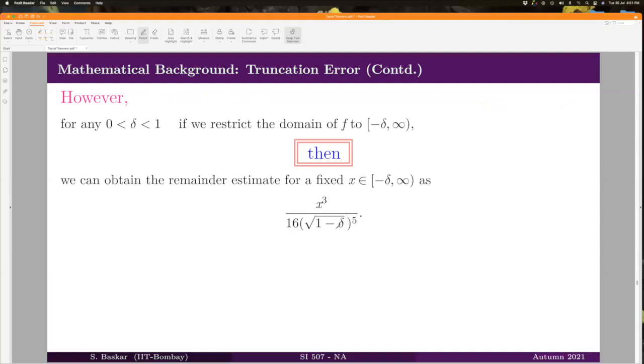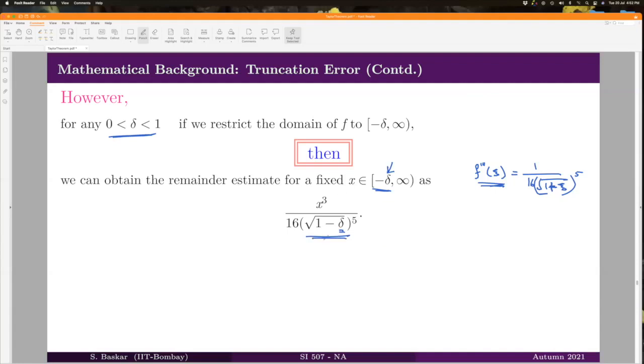That bound will be basically replacing xi by delta, because f triple dash of xi is, if you recall, 1 by 16 into root 1 plus xi to the power of 5, right? And this is a decreasing function, and it blows up at xi equal to minus 1, but we are restricting it to some minus delta, where delta is given to us like this. Therefore, it attains its maximum value actually at minus delta.